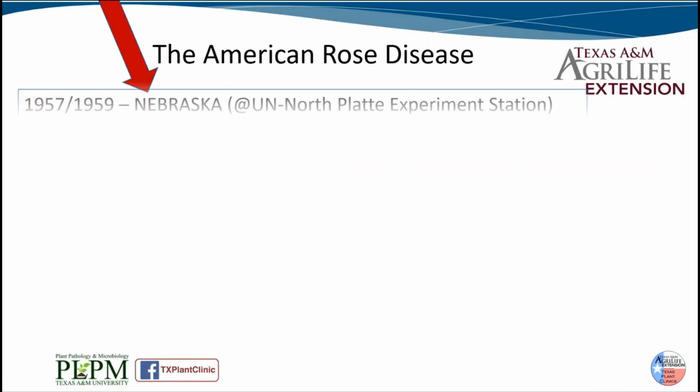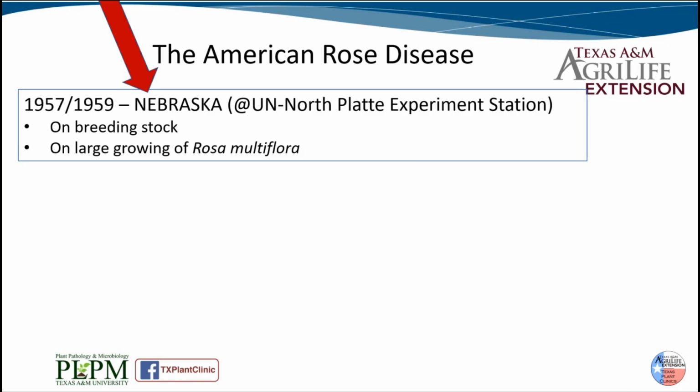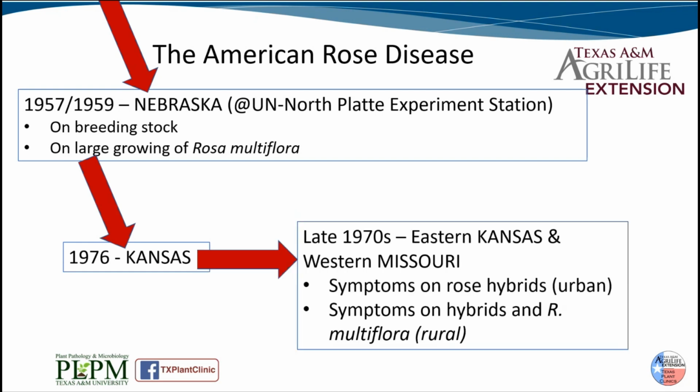Let's see. Moving forward, in the late 50s in Nebraska, at the North Platte Experiment Station, there was a report on breeding stock and on large growing of Rosa multiflora. And then moving on, in '76 there was a report of it in Kansas.